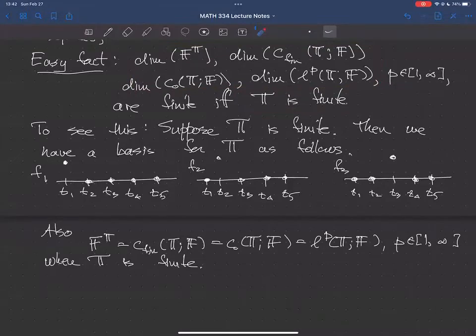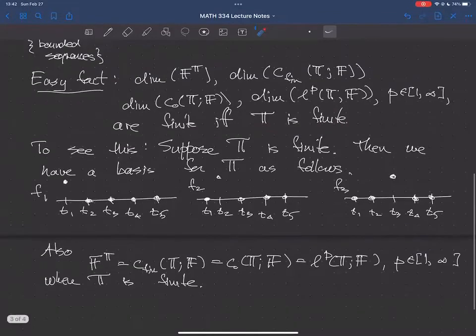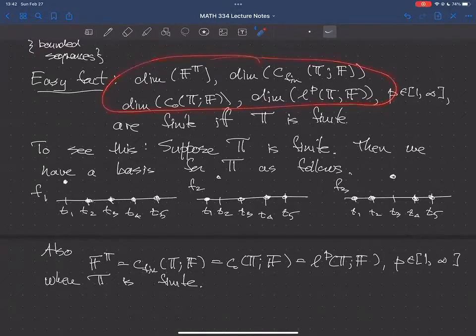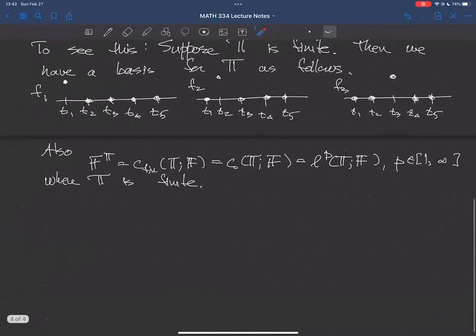And the way we're going to show that is we're going to say that if the time domain is infinite, we're going to construct a sequence of a countable number of linearly independent vectors, which are in all of those spaces of signals.